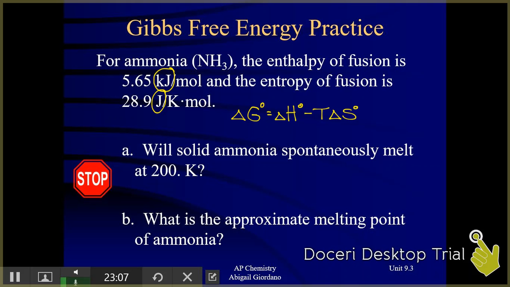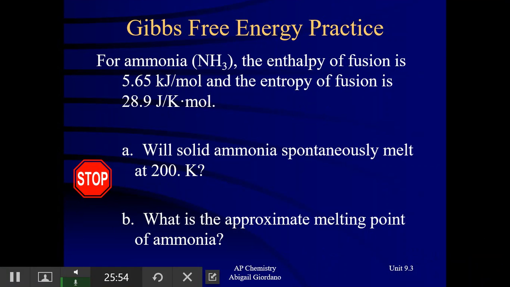For example, I cannot plug something that has joules into the same equation with something that's in kilojoules. You've got to convert one of them into the unit of the other. Okay, I want you guys to pause this video and see if you can answer these questions. All right, let's check it.